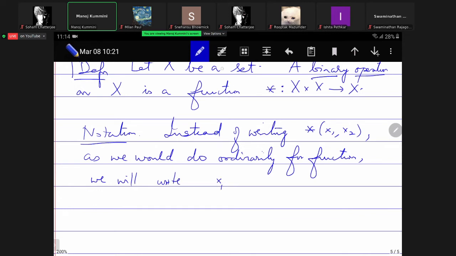Maybe x was not the best symbol to denote this part, so let me just call it A, B. We will write A star B, like the way we write plus or multiplication.